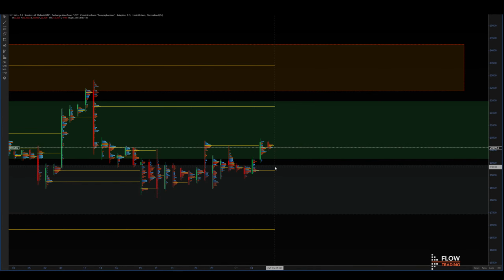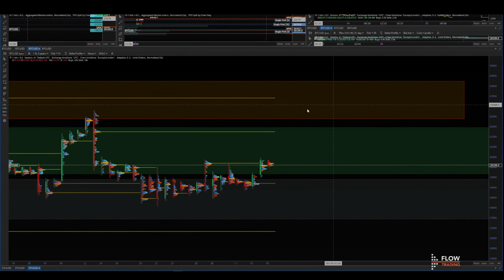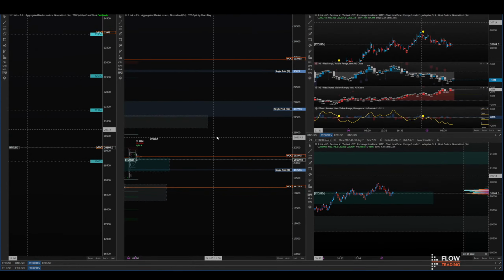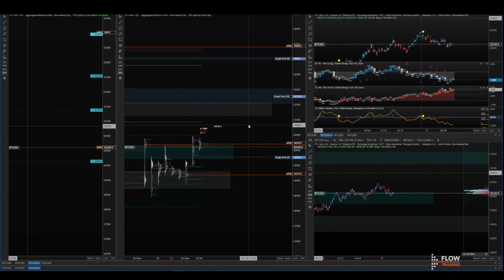If we get acceptance back below 19,700, then I think that we're going to go lower and take out all of these lows, like I was saying. However, acceptance above here means that we almost certainly go higher, and we're looking at 22k for the next level. Okay, so that's pretty much what I'm seeing here on the volume profile.